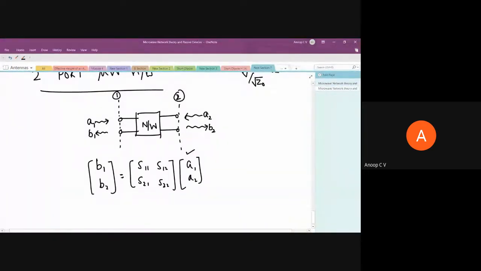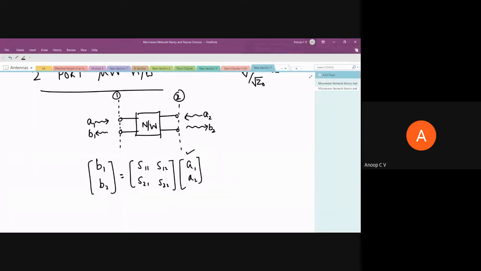In Z, Y, H or ABCD parameters, you had to either short circuit or open circuit. I told you we can't use that technique here. One reason is that we don't have a measuring device which can measure the instantaneous voltage or current at any given port in a microwave network. What we can measure, using the VSWR meter and such, is the power at any given port.